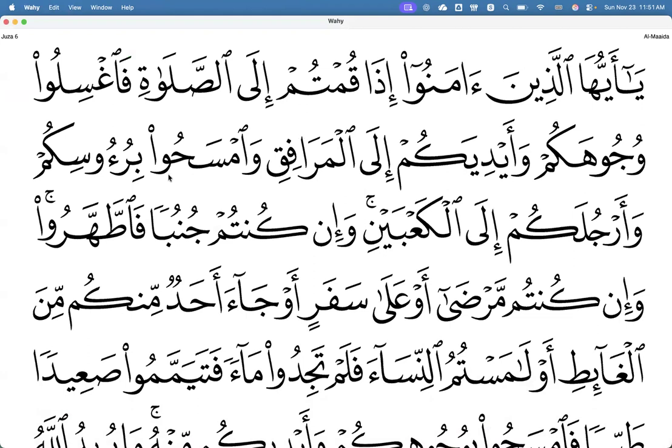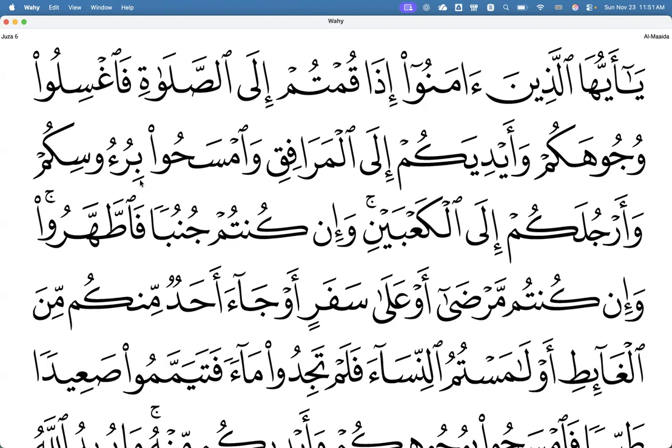Wamsahu bi ru'usikum. Then do the masah partially, according to one interpretation. This is just one interpretation. Then do the masah partially of your heads. This is a kasra. Why is this a kasra?